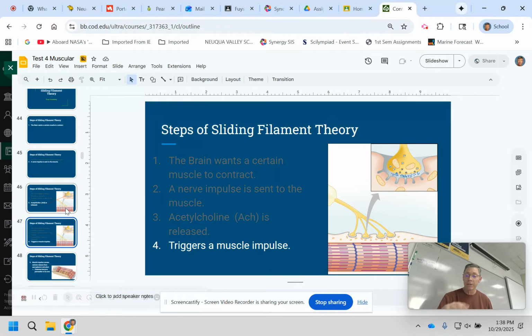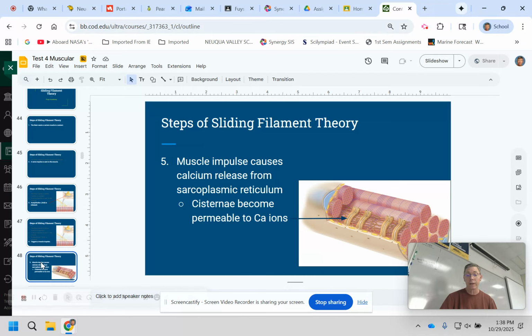When it hits the muscle, instead of another neuron being there, it's the membrane of the muscle that conducts the signal. Since it's still electrical and it's being conducted through the muscle, it's now known as a muscle impulse. The impulse part's the electrical, and it's the membrane of the muscle that we're talking about here. Okay? And this goes through all the steps.